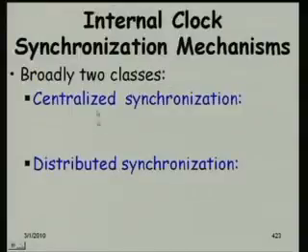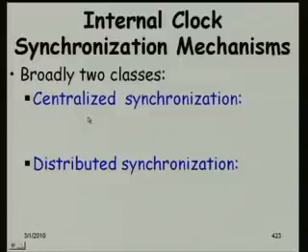So, the one that is actually used is internal clock synchronization, and if we look at internal clock synchronization mechanisms, there are two types. One is the centralized synchronization and the other is distributed synchronization. In a centralized synchronization, as the name says, we have one master clock.